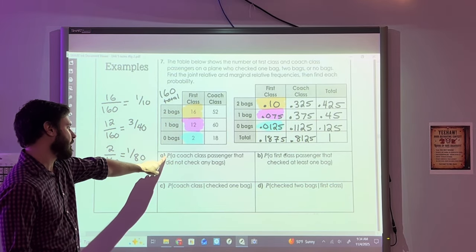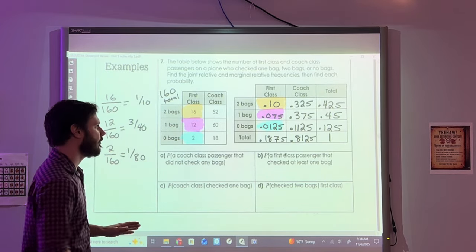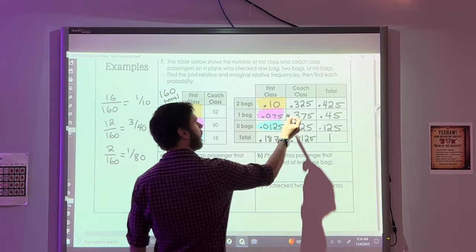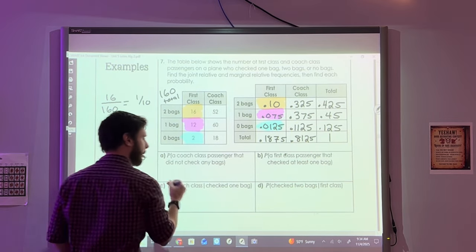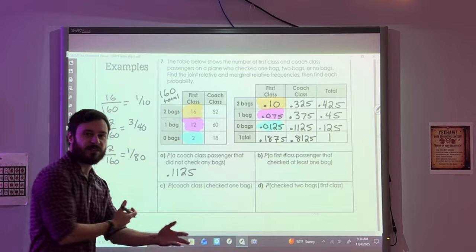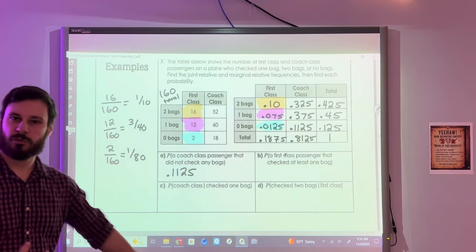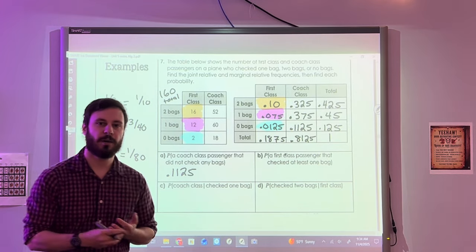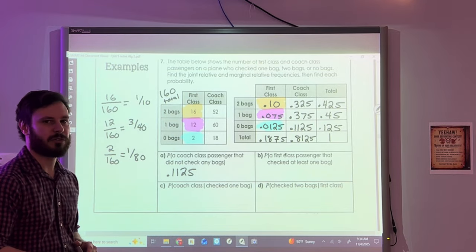Find the probability that a coach class passenger did not check any bags. So I need to find coach class who had no bags. This number right here, 0.1125. Now that's my answer, but keeping it as a decimal is kind of gross. Probability, we always talk about percents, or maybe a fraction. Like, what is the probability it's gonna rain tomorrow?